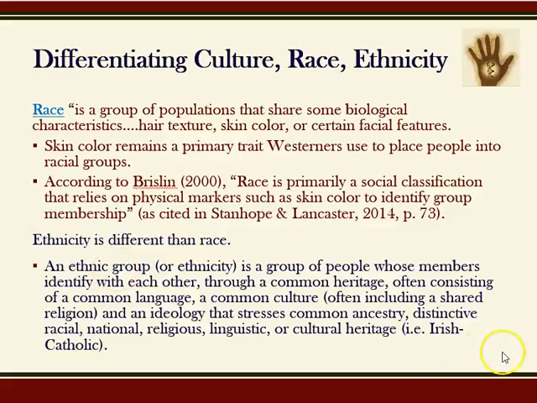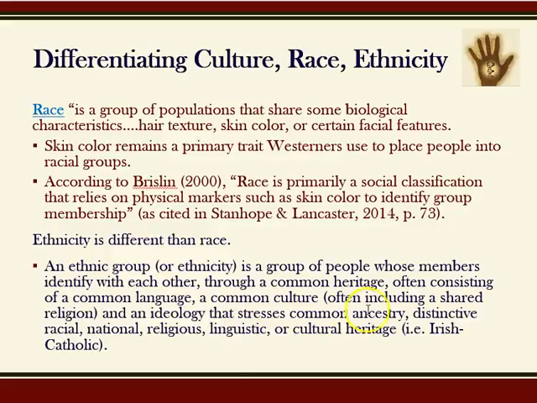Ethnicity is different than race, but holds some cultural values and practices. So an ethnic group or ethnicity is a group of people whose members identify with each other through a common heritage, often consisting of a common language, so that's consistent with culture as well, a common culture, often including shared religion, and an ideology that stresses common ancestry.